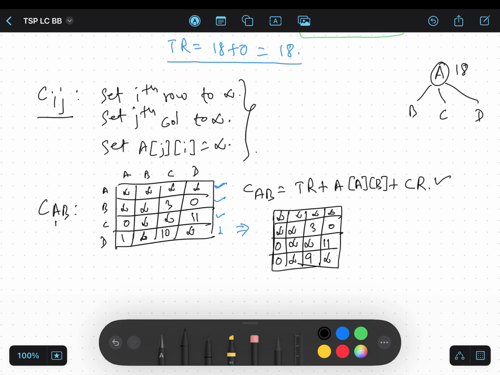Now we are going to look at every column, and we see that this is 0, this has everything infinity, this has minimum 3, and this has 0.